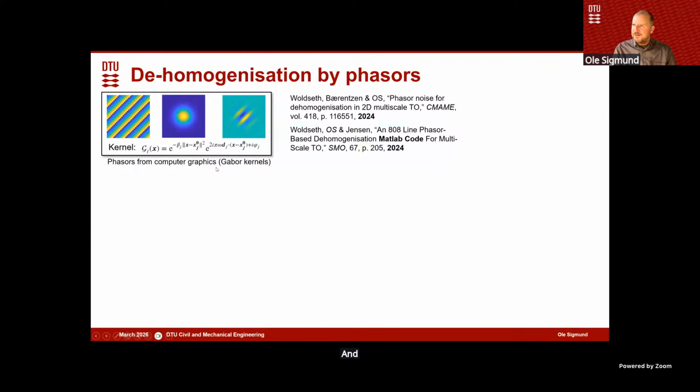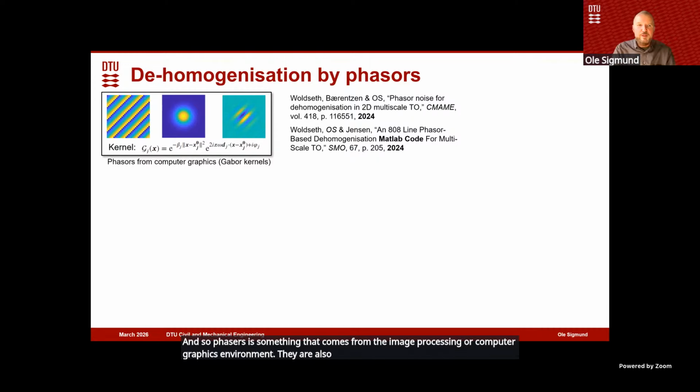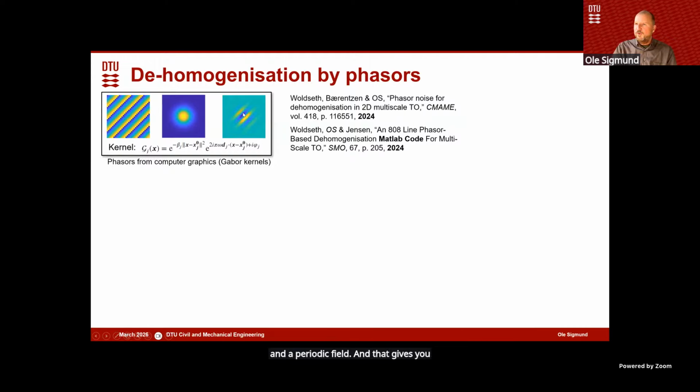And phasors is something that comes from the image processing or computer graphics environment. They are also called Gabor kernels. It's a long story, but to make it short, it essentially is a product of a Gaussian function with a compact basis and a periodic field. And that gives you these small wave packets.